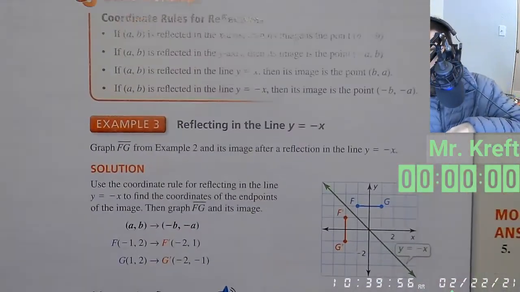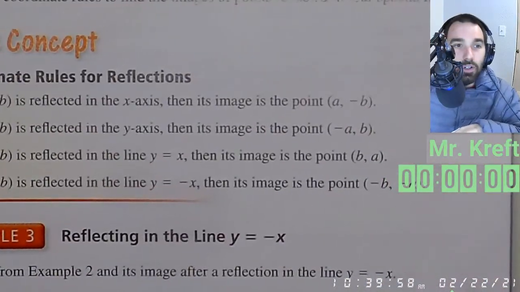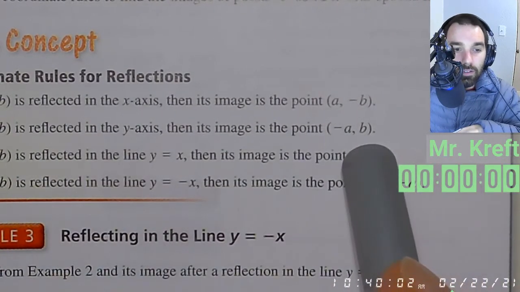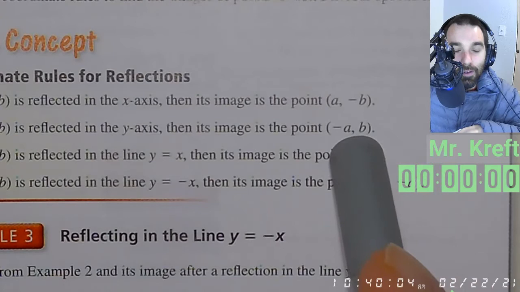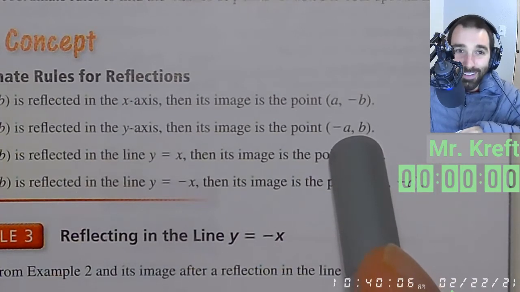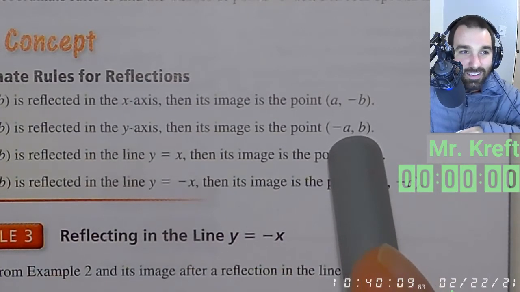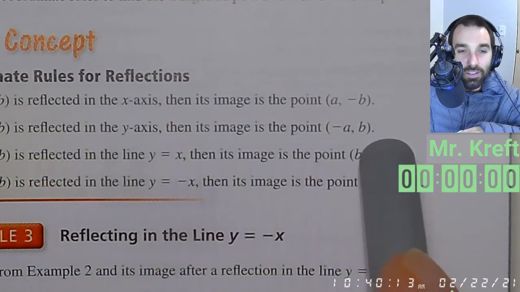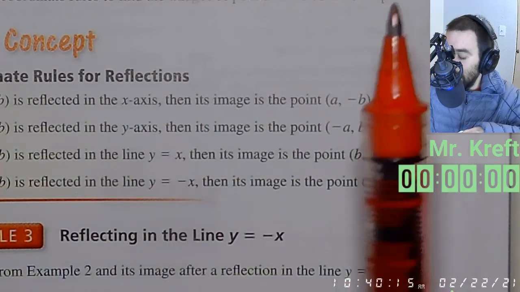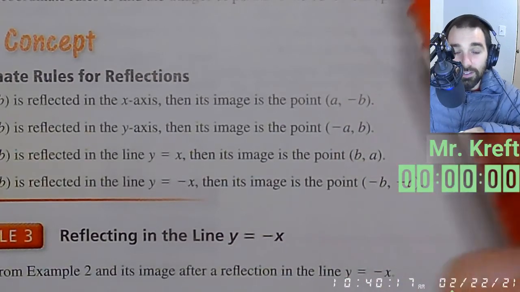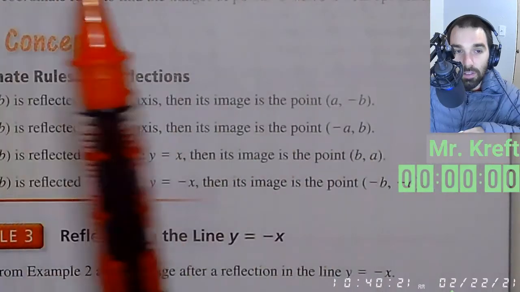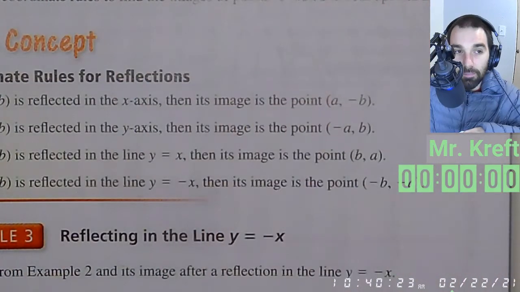I really hope I didn't write this down in our notes wrong. So the y-axis is negative AB. So if I made a mistake, I'm terribly sorry, but we're correcting it now. But yeah, the y-axis is negative AB. And the reason for that is if you're reflecting over the y-axis, right, you're going left to right. So the x is changing, but the y is staying the same.